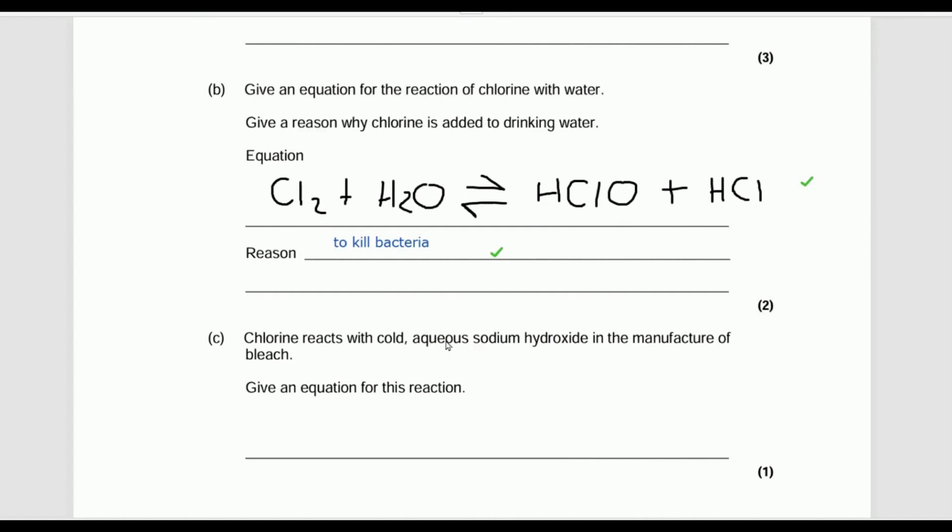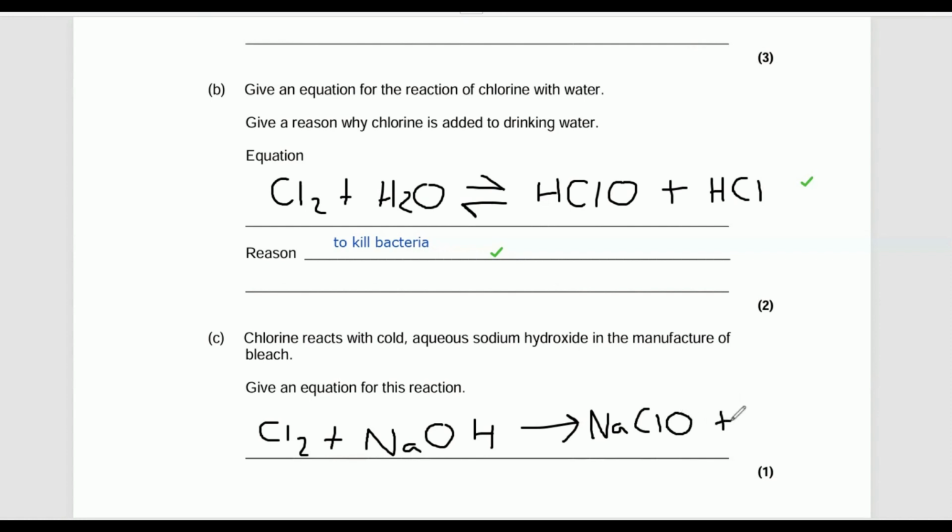Chlorine reacts with cold aqueous sodium hydroxide in the manufacture of bleach. Give an equation for this reaction. So we're just going to do chlorine plus sodium hydroxide like that. And we are going to go to, instead of hydrogen chlorate, we're going to form sodium chlorate like that.